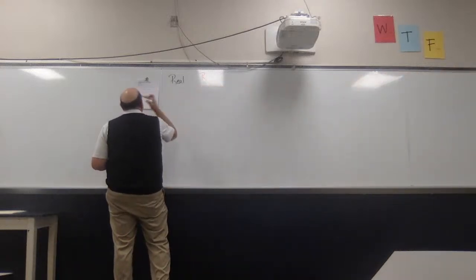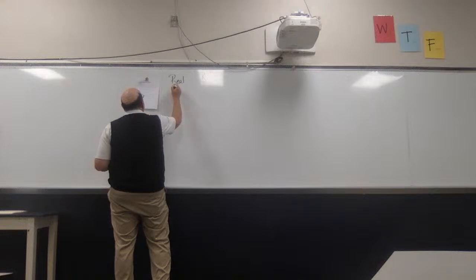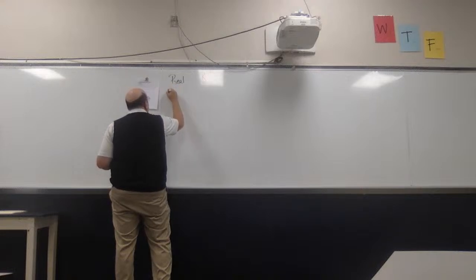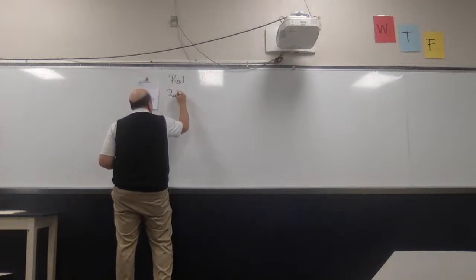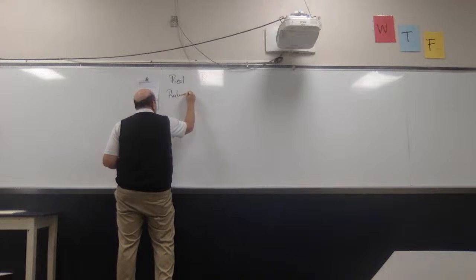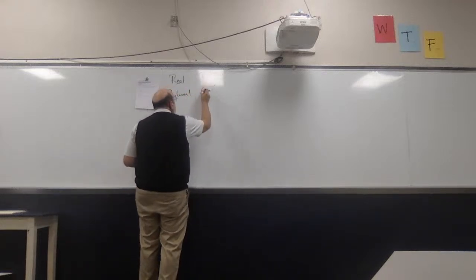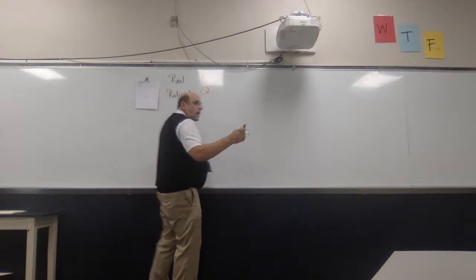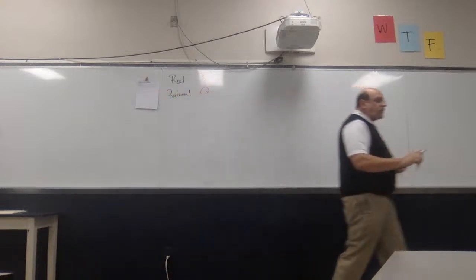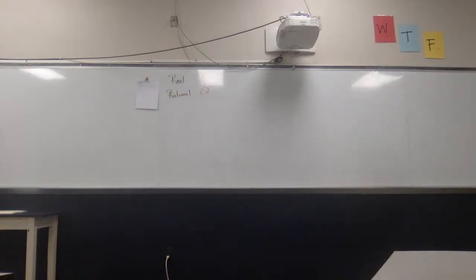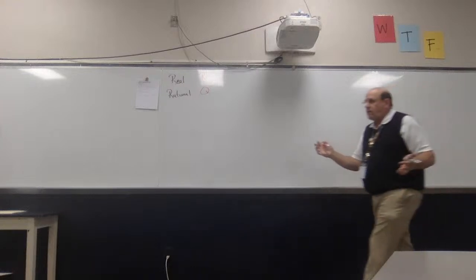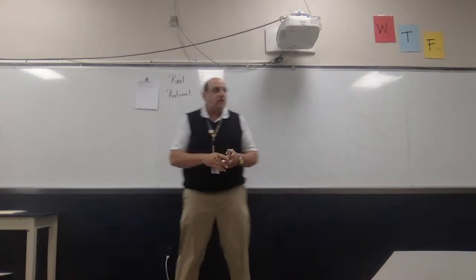We move on then to rationals. You guys remember the definition of a rational number? Anything that can be written as a fraction, A over B, where B, the denominator, can't be 0, right? That doesn't exist.